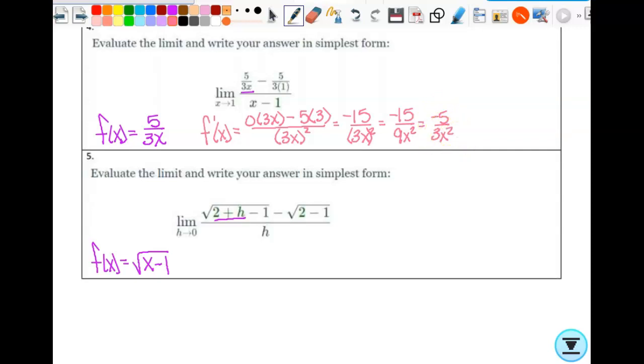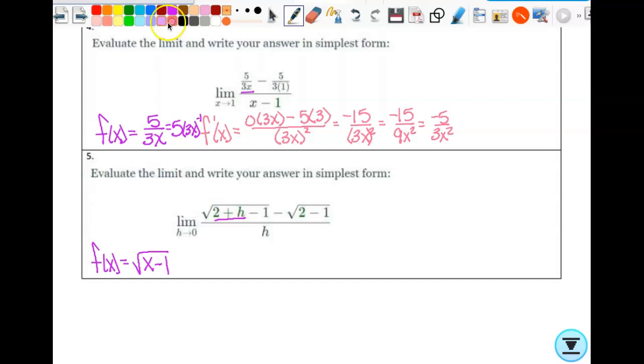Okay? So the other way to look at this, if you didn't want to do quotient rule, is I can make this into 5 times 3x to the negative 1 power. Then I can use the chain rule. Right?